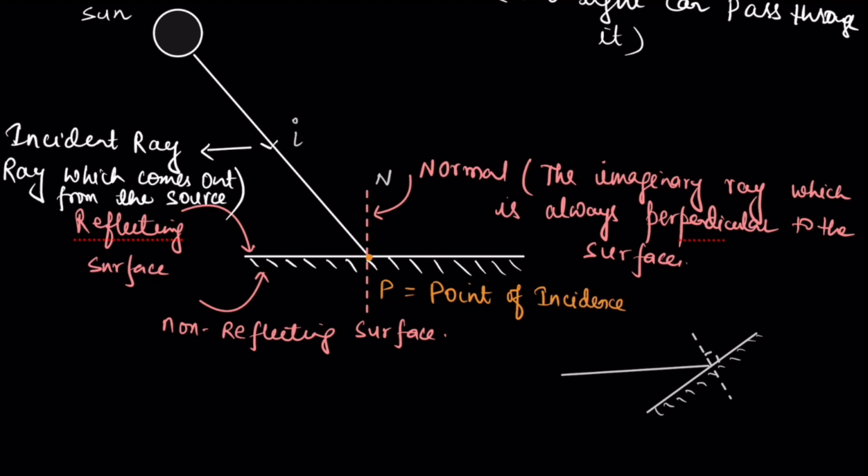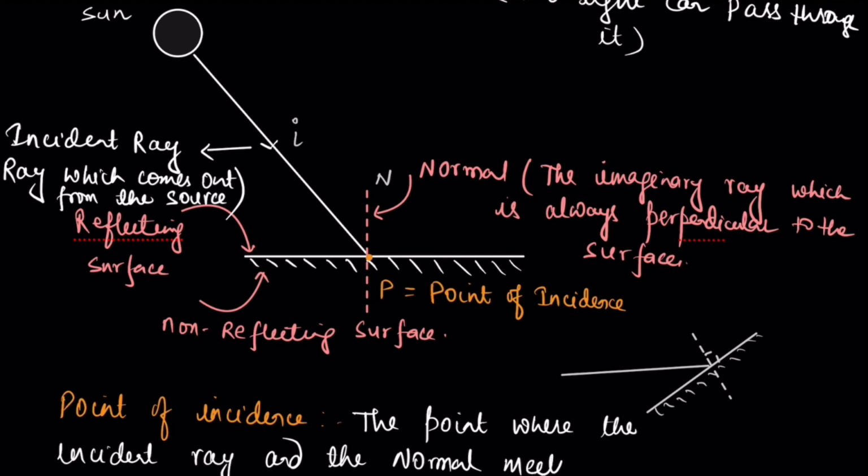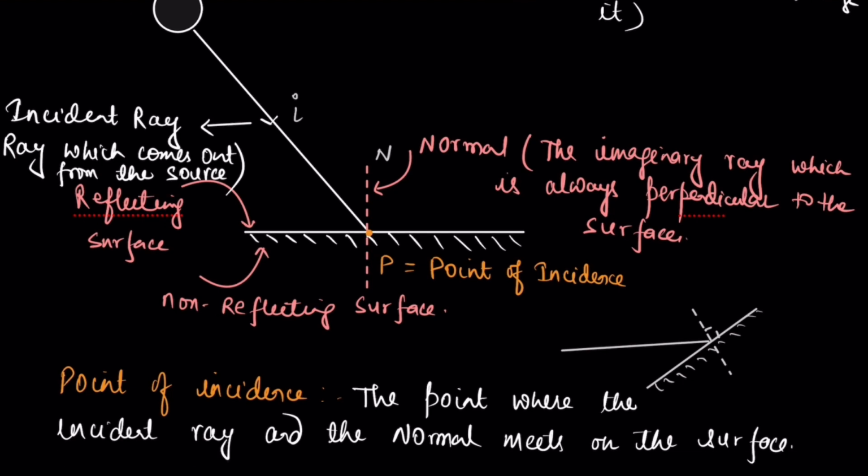So point of incidence is the point where the normal and incident ray meet on a surface.